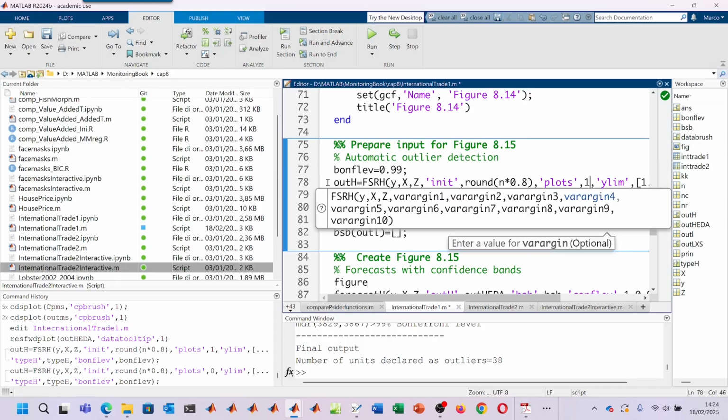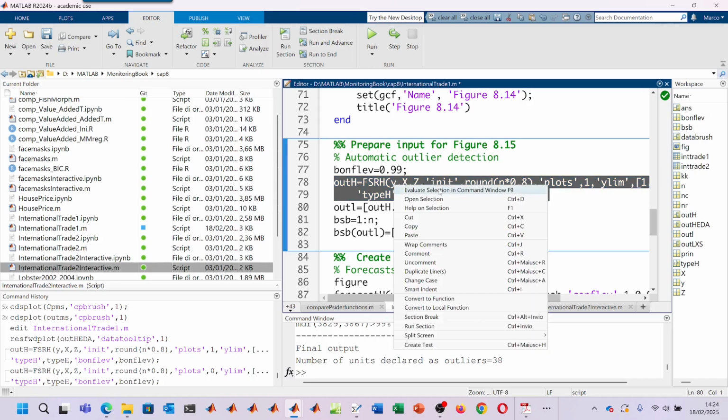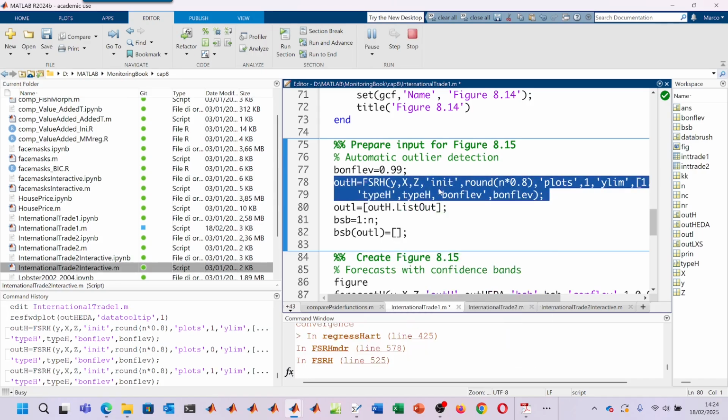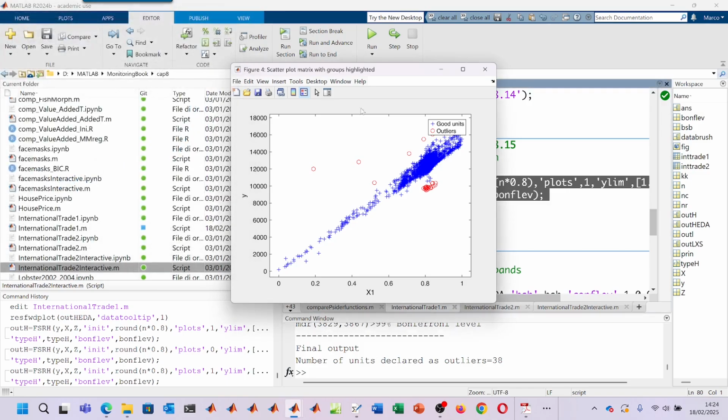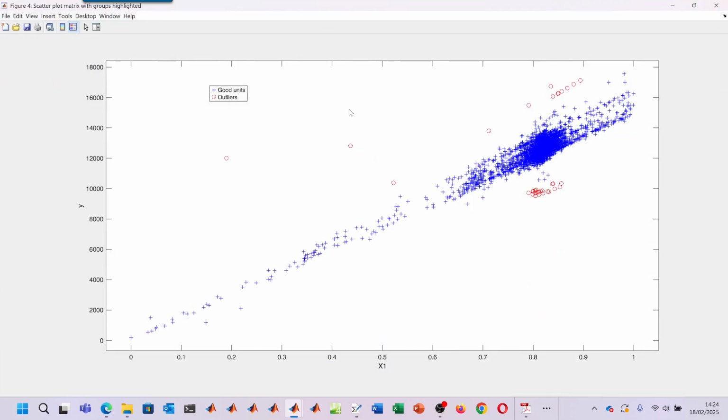We can specify the option plot equal to 1 in order to be able to see the outliers that are found, in this case 38 outliers. So you can see here the original scatter of y against our explanatory variable with the outliers that have been detected and marked in red color.